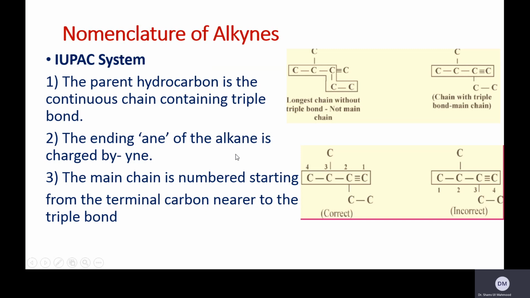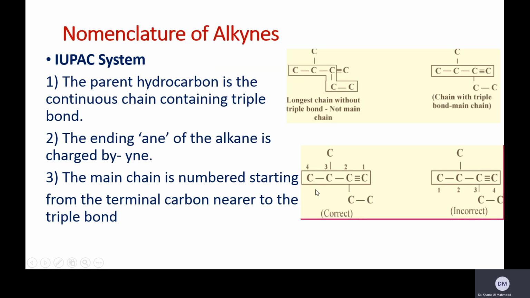We know that for alkanes we use the ending 'ane', but in case of alkynes we will replace 'ane' with 'yne'. The second important rule is numbering: we will number from that side where the triple bond is nearest. There are two cases. If I number from the left side, carbon 1, carbon 2, carbon 3 and carbon 4, the triple bond is between carbon 3 and 4.